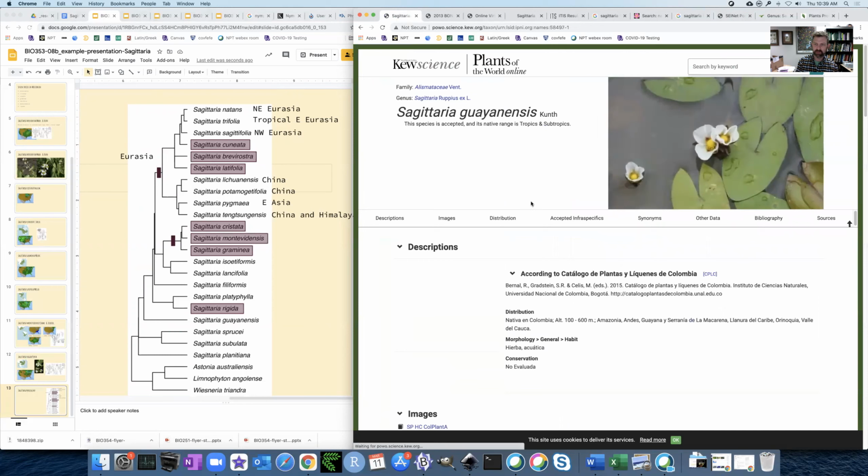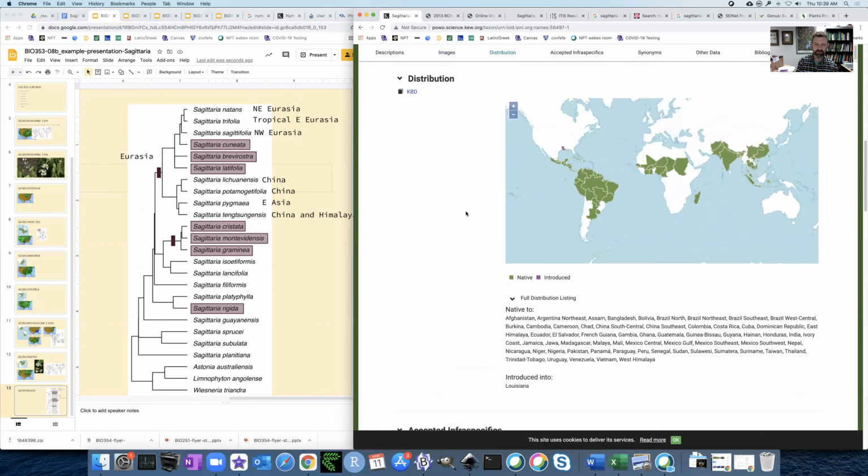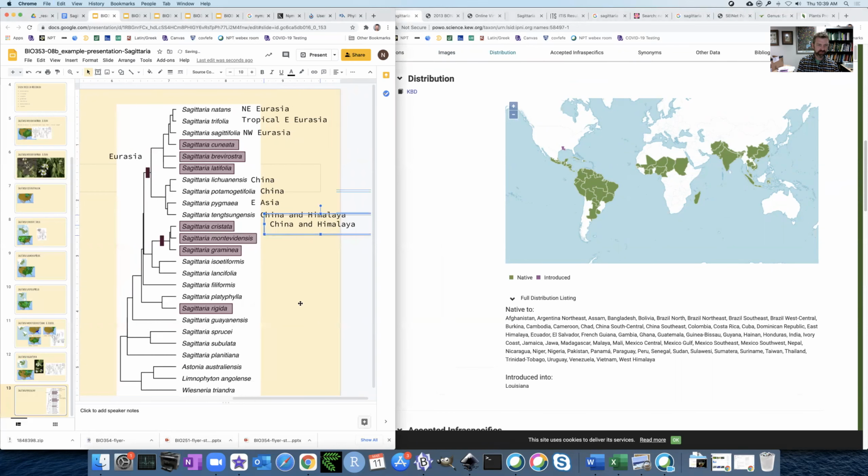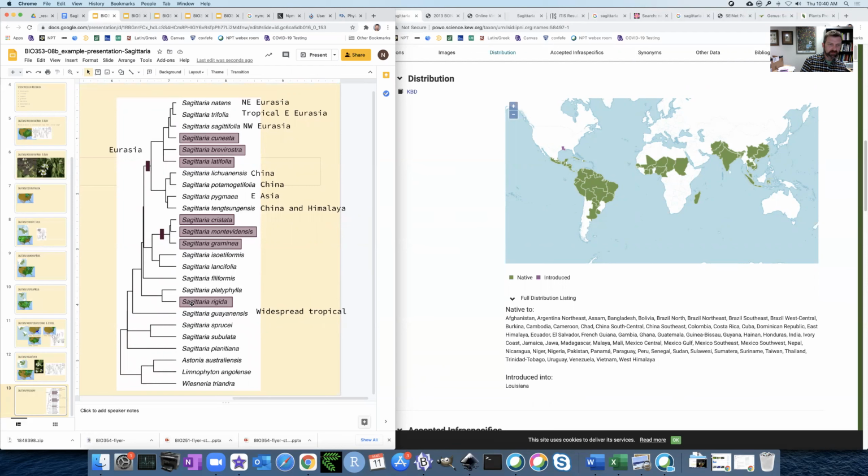Guianensis, probably Guyana. Oh, interesting. Okay, so Guianensis is pretty widespread, and pretty much in the tropics. And it's a distant relative to all kinds of other species on here.